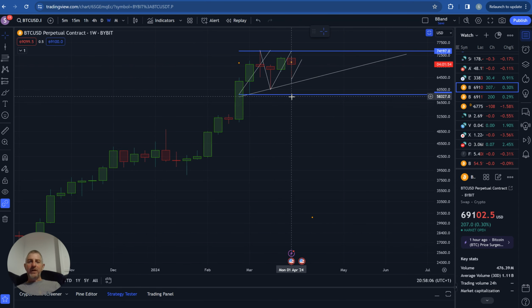And the weekly closure will occur in the next 4 hours, and it's currently at 69,000, which is interesting because CME closed at 67,750. So it's above at the moment. I wouldn't be surprised if it comes back to the same level.